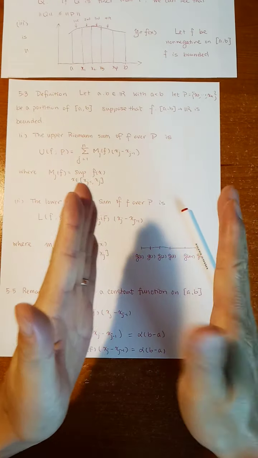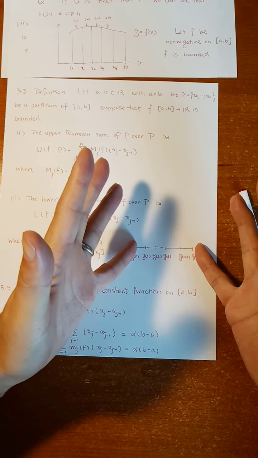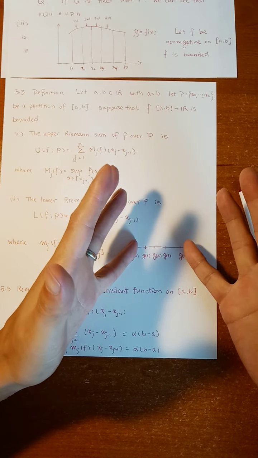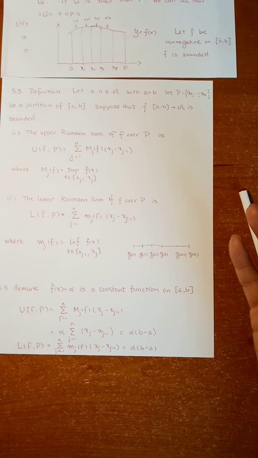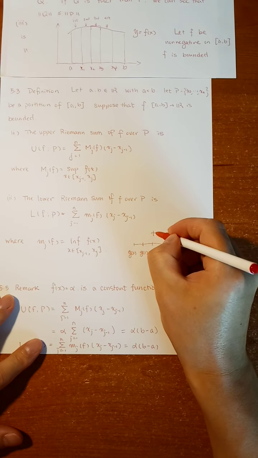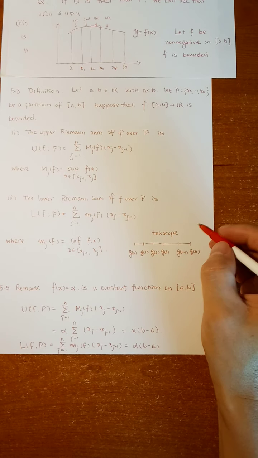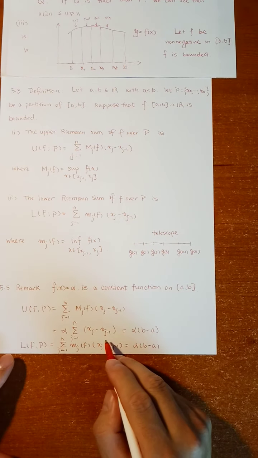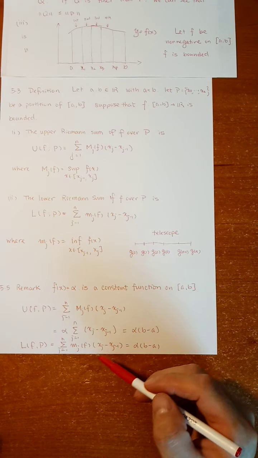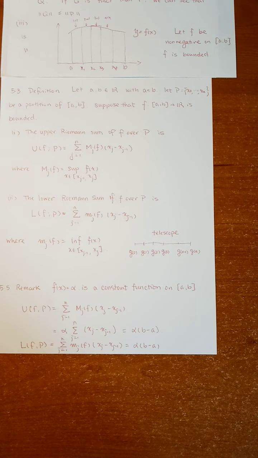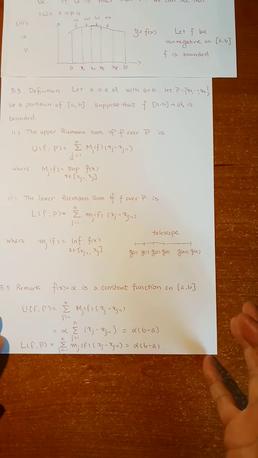You compute all the differences step by step and add them together. If you add all the differences together, don't miss any term, it will be the whole difference. So that's a telescope sum. And if you have a constant function, the upper Riemann sum and the lower Riemann sum are both equal to alpha times (b minus a).